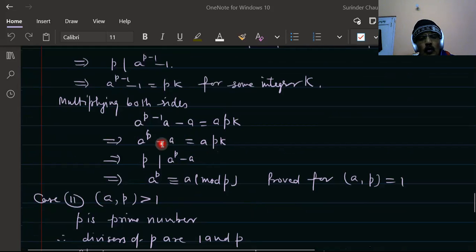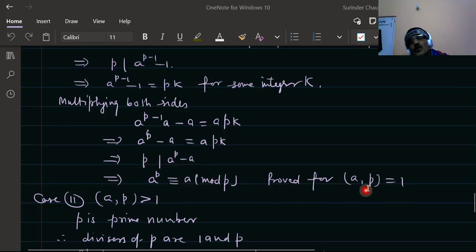But we'll proceed toward our proof of the theorem, so we'll only consider P divides. If this is the product of these numbers, then each of the numbers will divide this, which implies P divides A to the power P minus A. Again, if this divides this, then in modulus form we can write A to the power P is equal to A modulo P.